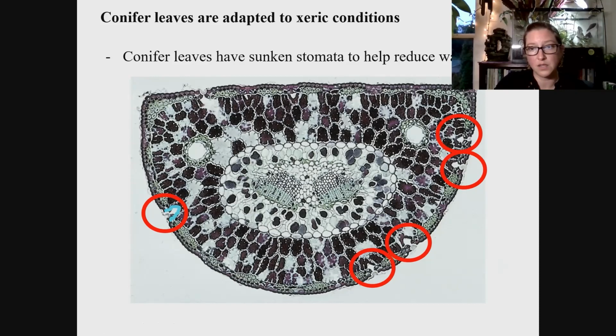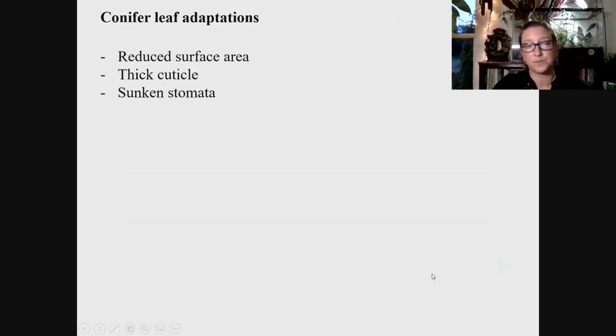They're sunken into the tissue of the leaf, which makes them less exposed to air, which makes them lose less water vapor. In addition to the sunken stomata, conifer leaves also have a thick cuticle, which we learned about in the leaf lab, and an overall reduced surface area, because a needle has a lot less surface area than a broad leaf, right?